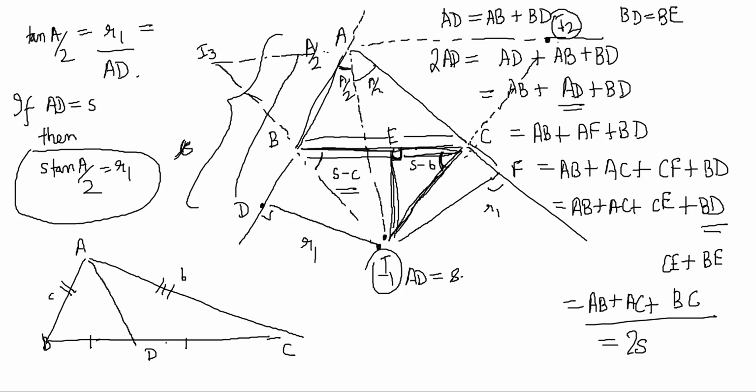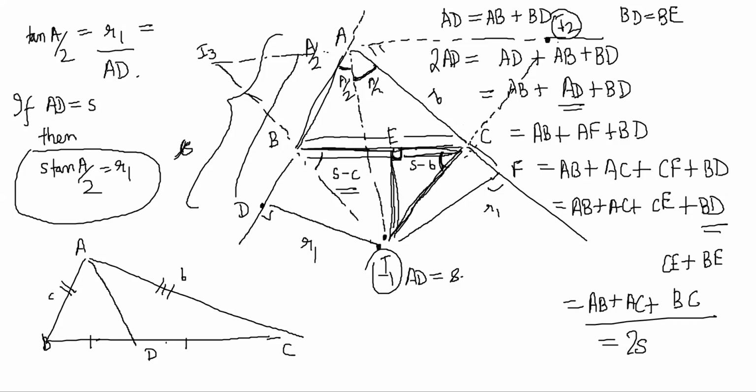And if you want to find CI1, let's find CI1. I first tried to look at a triangle like this, but these are more difficult than needed. Actually, this big triangle AI1C is also fine, because I know one angle, A by 2, and I know this side is called b. So then I can write tan of A by 2 is equal to CI1 by b.